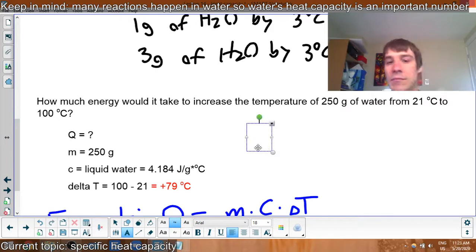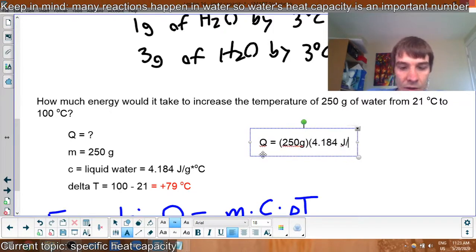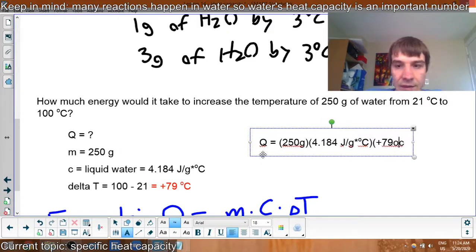And then the actual calculation, you just throw it through your calculator: 250 grams, that's the mass, times 4.184 joules per gram degree Celsius, times plus 79 degrees Celsius, right?